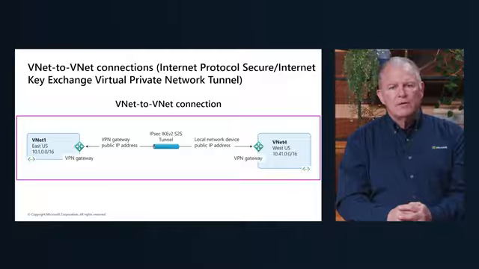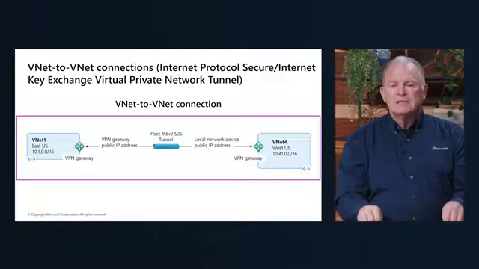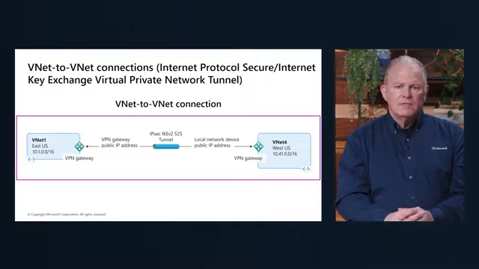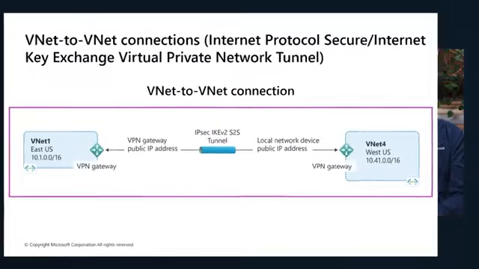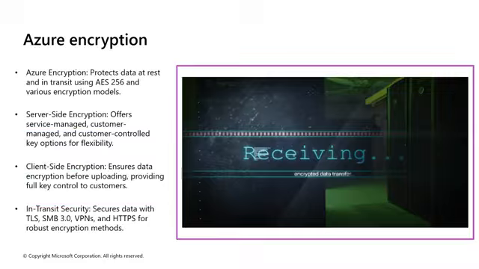You can now have encrypted traffic between your VNets, but you have to go through the complexity of managing and implementing a VNet gateway between those two VNets. We provide a wide variety of different encryptions across Azure, and we're going to be taking a look at them granularly when we take a look at storage encryption, database encryption, and communications.